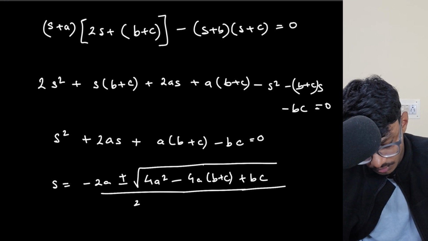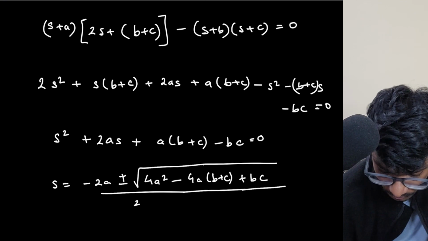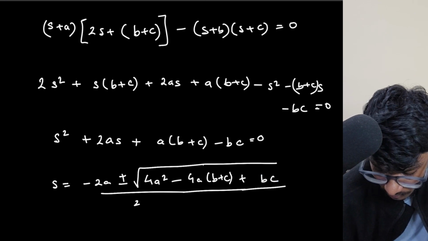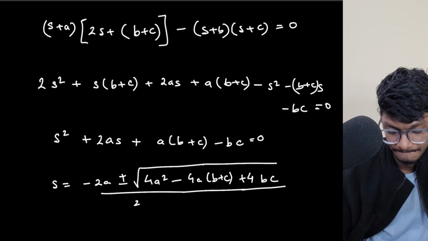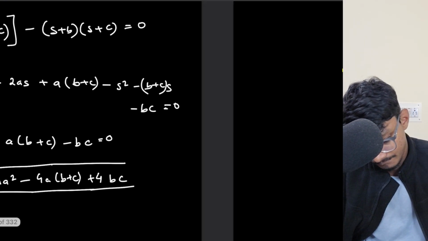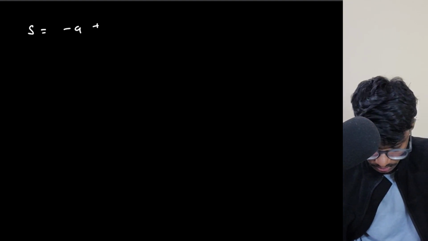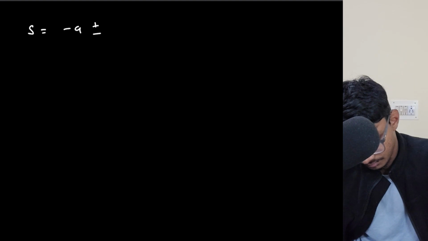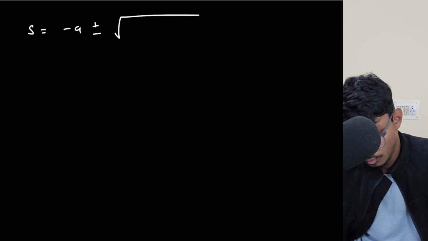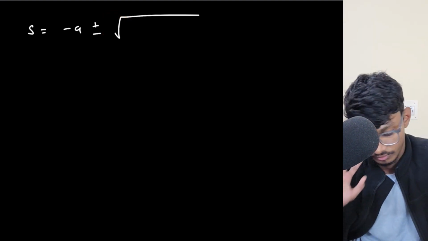So this is what my equation becomes. 4, this is also 4ac. So I can take the 4 outside, and 2 I can divide, minus a plus minus, and this 4 is outside, hence 2, and 2 divided by 2 is 1, so I won't write anything here.